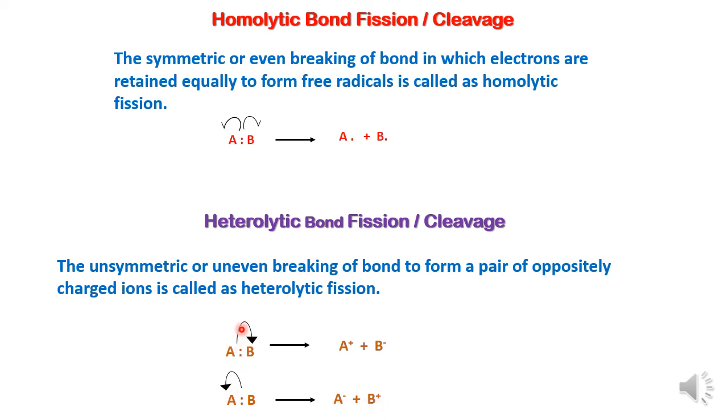So the direction of the arrow is very important. It suggests the transfer of electrons. In the first example the electron pair is transferred over B, and in this example electrons are transferred over A, and that's why we are getting different types of oppositely charged species.